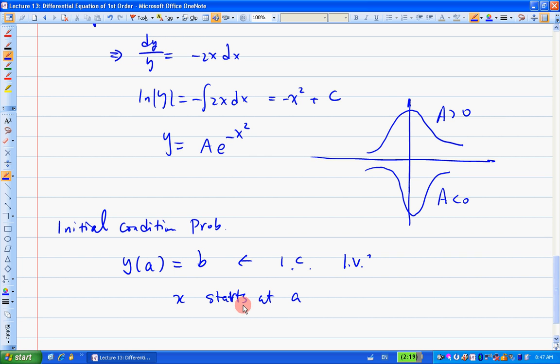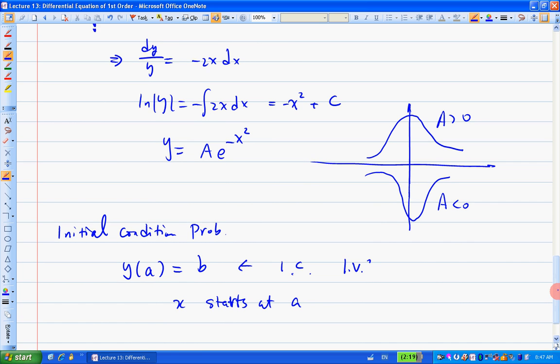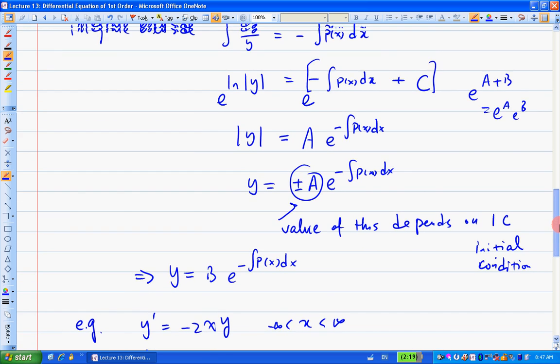Now if this is what it means, and I go back to this equation here, you see this integral here, right? That's an indefinite integral, so you didn't specify the integral limits here.